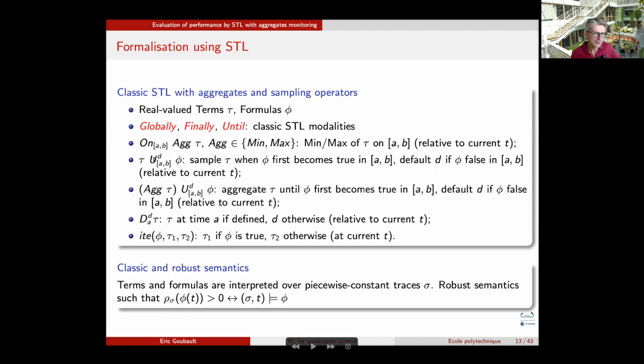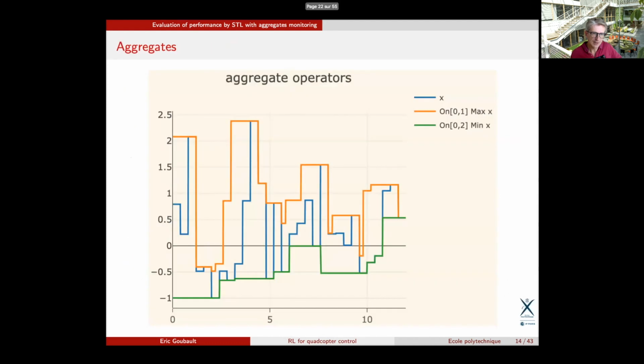You have also until operators and if-then-else operators, which are used to encode these observations. I'm just going to give you examples. So a full classic and robust semantics have been given to this STL with aggregates, and these are the semantics which are encoded and implemented and that measure the performance of the controllers.